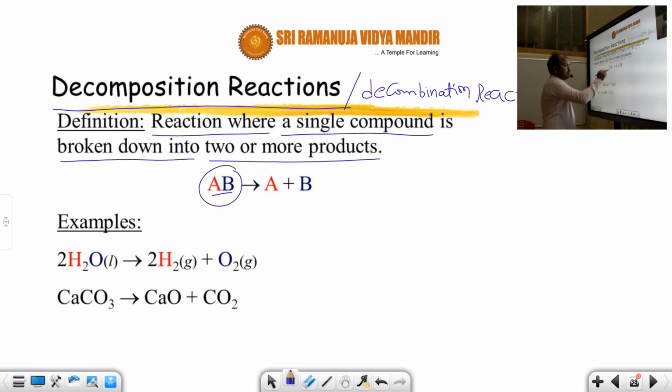AB is the compound. This compound is broken down into two or more substances. These two or more substances may be elements, or an element and a compound, or compounds formed in the product side. So a single substance can be broken down into two or more substances.